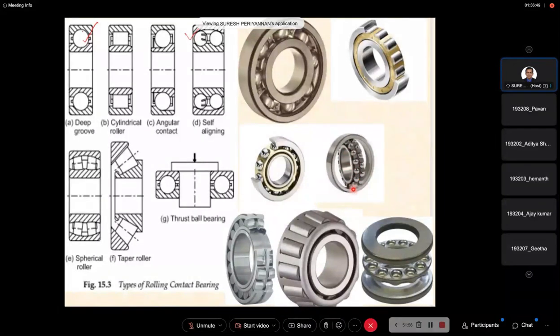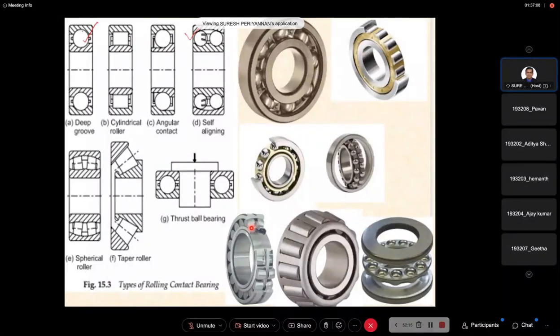Instead of balls, if you use rollers, it will be a self-aligning roller bearing. We use this type of bearing in agricultural machinery, ventilators, and railway axle boxes. Now I come to the next one, the spherical bearing.